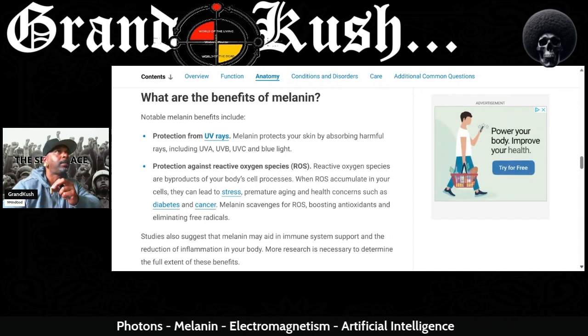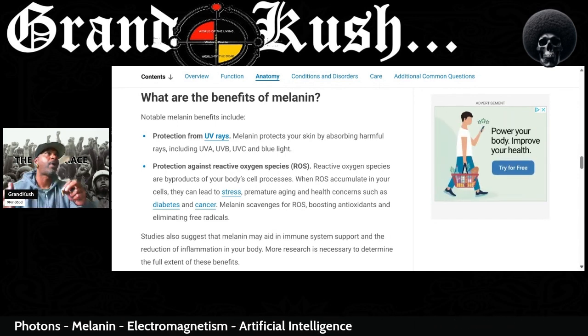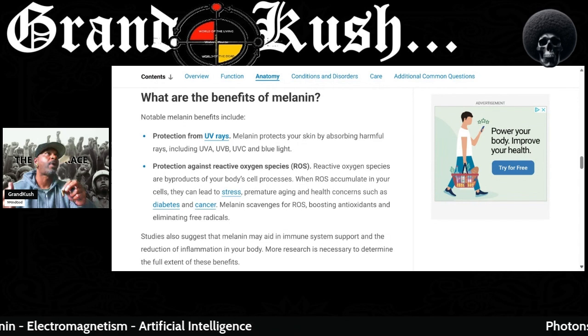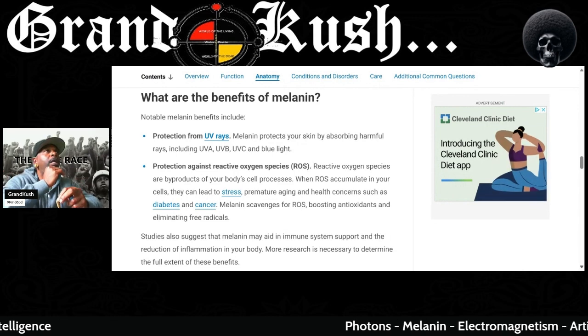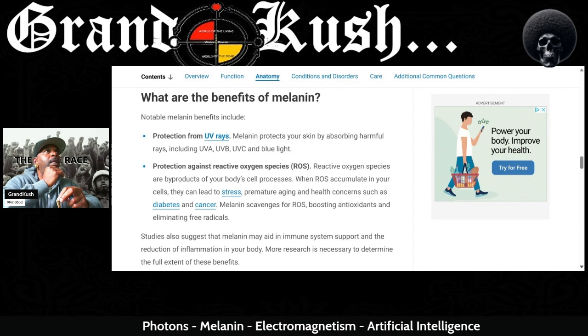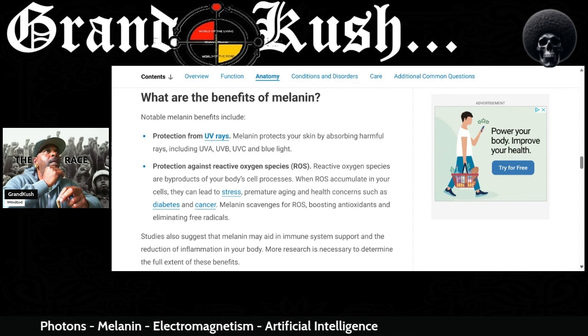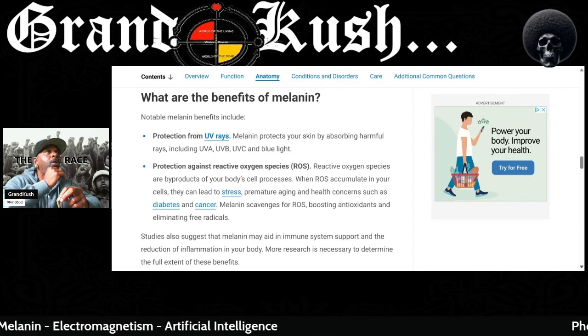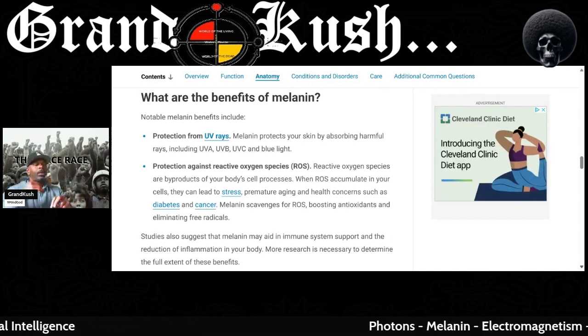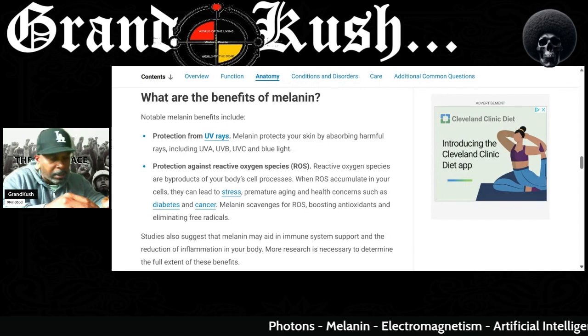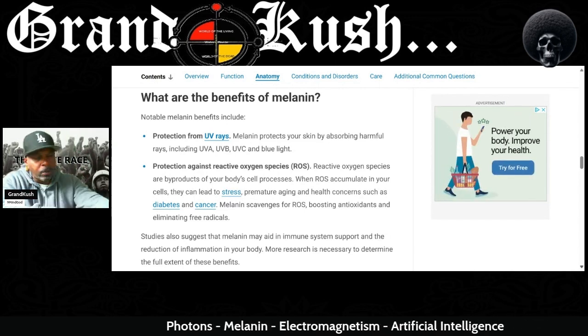Reactive oxygen species are byproducts of your body's cell processes. When ROS accumulate in your cells, that can lead to stress, premature aging, and health concerns such as diabetes and cancer. Melanin scavenges for ROS, boosting antioxidants and eliminating free radicals. This is why Dr. Malachi York said, keep your melanin clean.